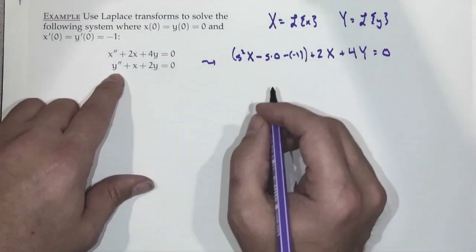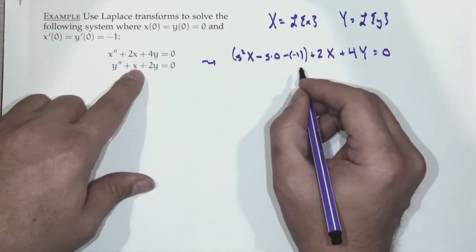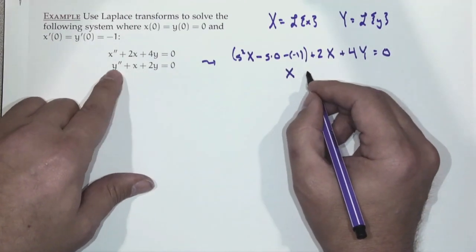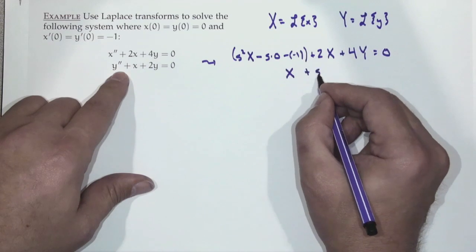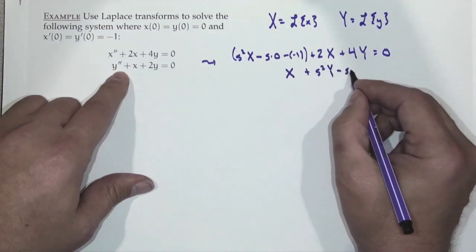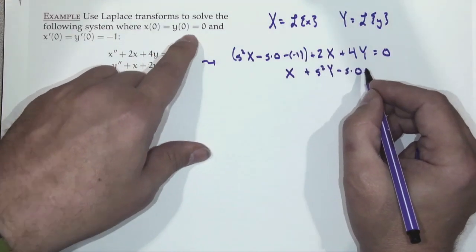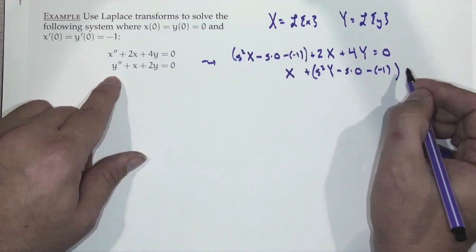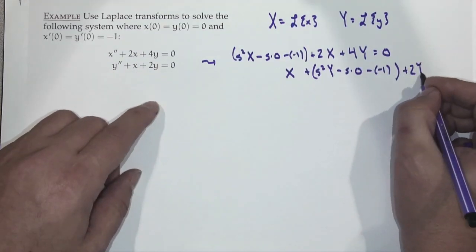Here, I'll start with the x first, so I get capital X. Then y double prime would be s squared capital Y minus s times 0 minus minus 1. There's that y double prime plus 2 capital Y equals 0.